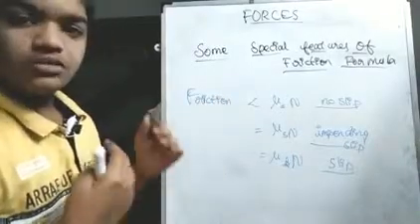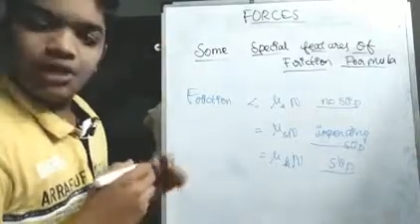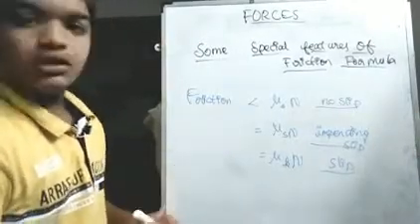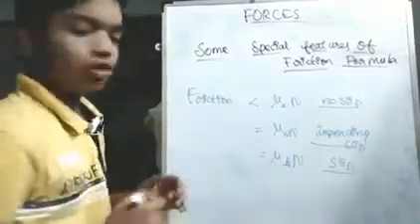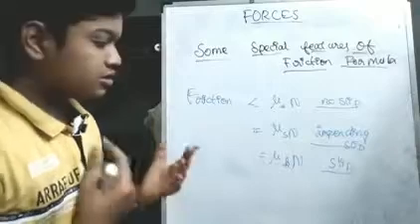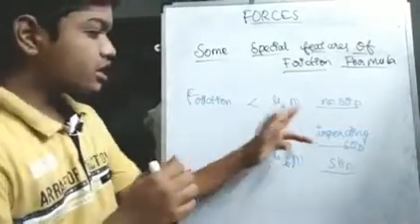But the most common mistake students make is that if there is friction, they blindly put mu N without stating s or k. We should not do that.